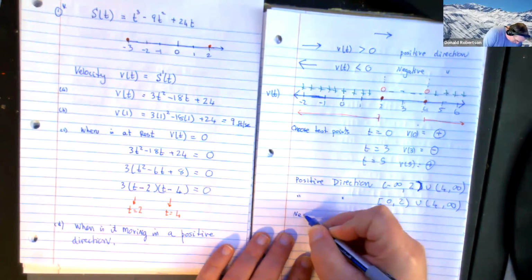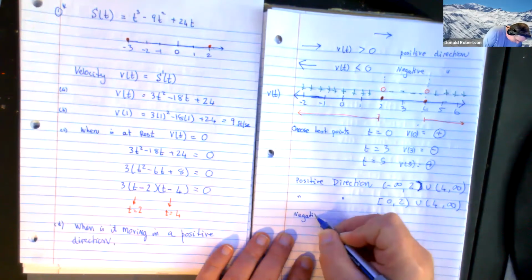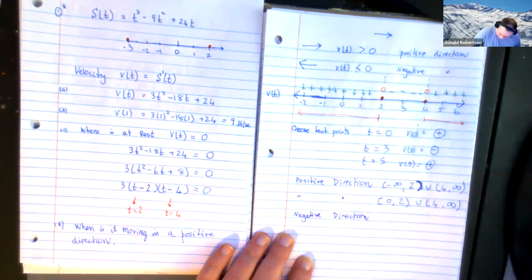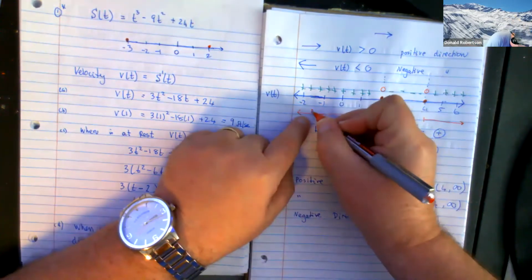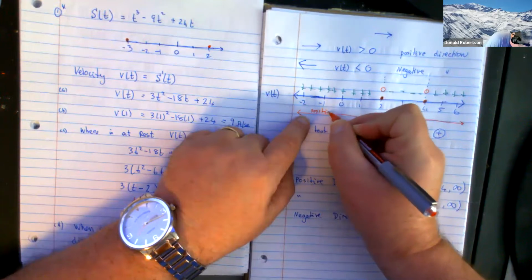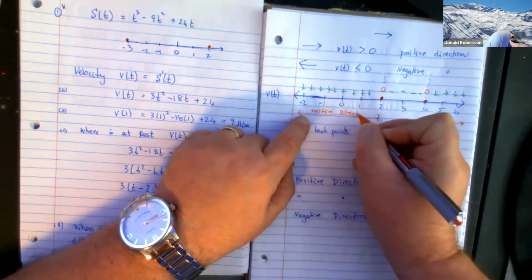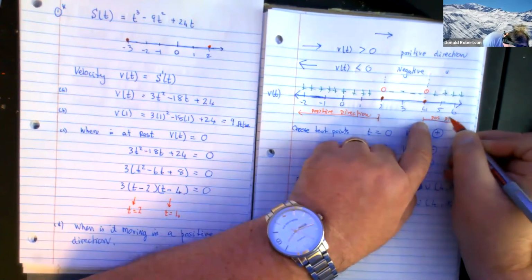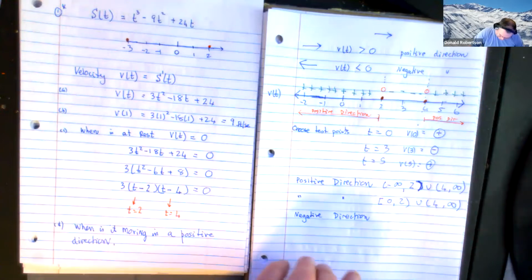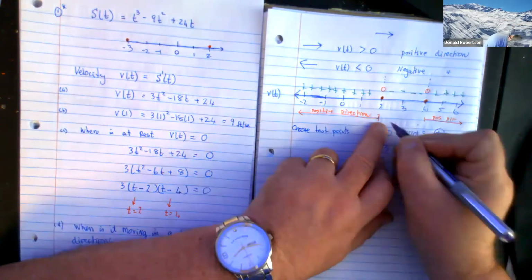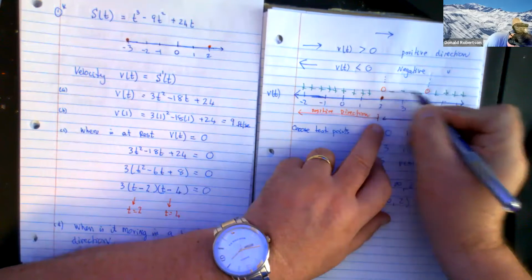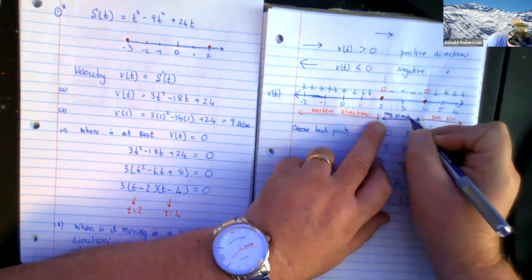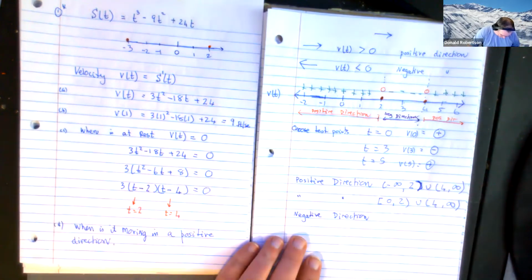Let's put this one in, even although it wasn't asked for. Well, if this is positive direction, and that's because the velocity is positive, and this is positive direction for the same argument, then won't this guy, because the derivative is negative, be when it has a negative direction.